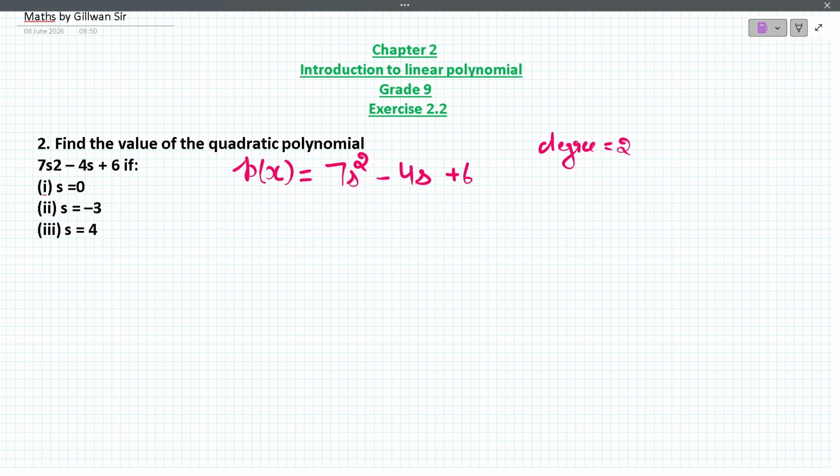Okay, so now we are supposed to find the value of the given polynomial at s equals 0. So you will go in the same way as we have done in the first question.